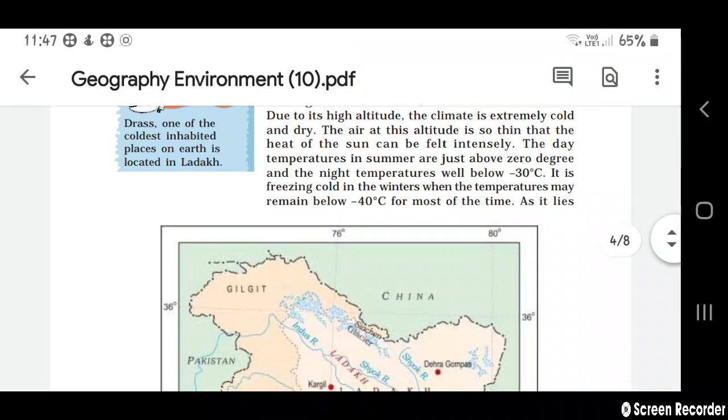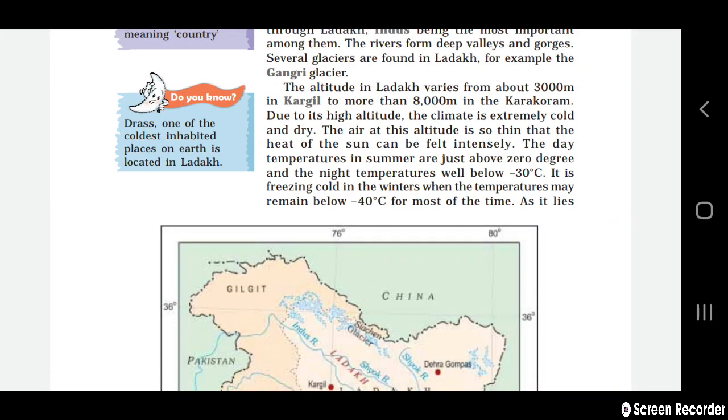The day temperature in the summer is just above 0 degrees Celsius, and the night temperature will be below minus 30 degrees Celsius. It is freezing cold in the winter, and the temperature remains below minus 40 degrees Celsius for most of the time.